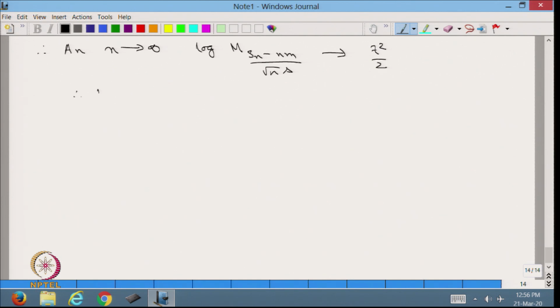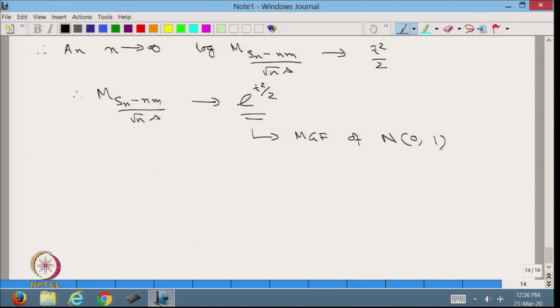Therefore, the moment generating function converges to e to the power t square by 2, that is the MGF of normal 0 1. So, this proves the result.